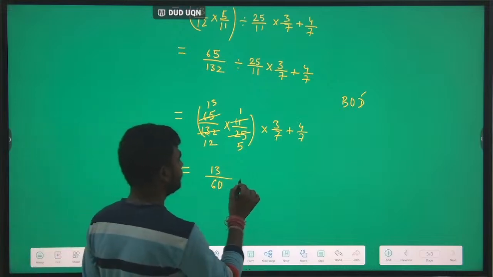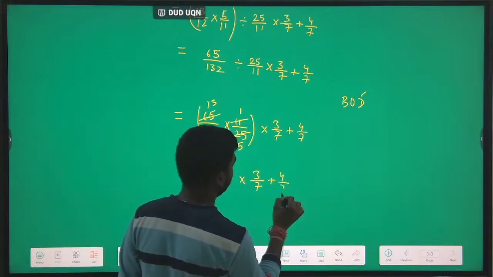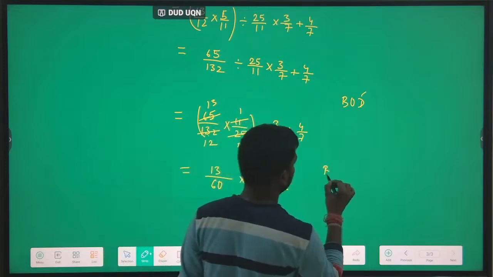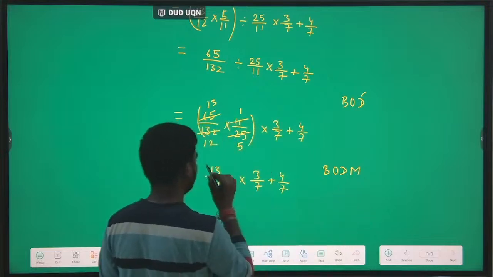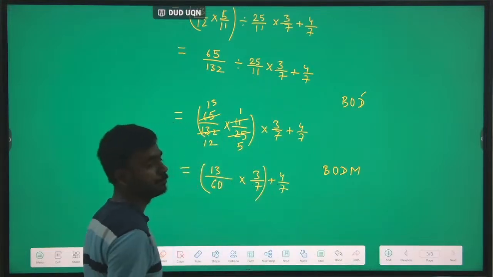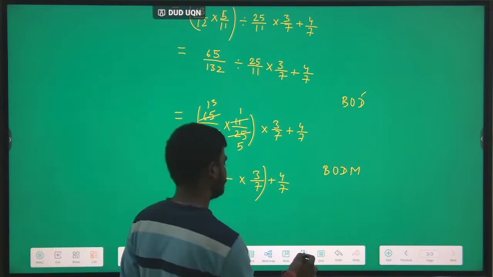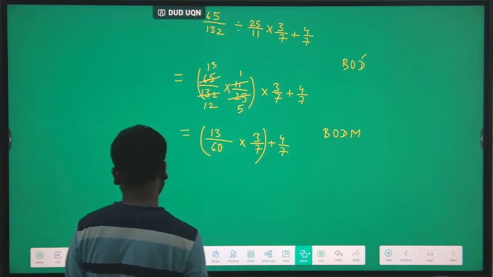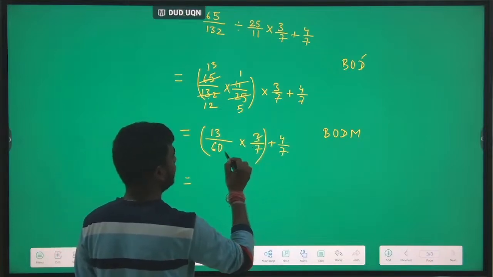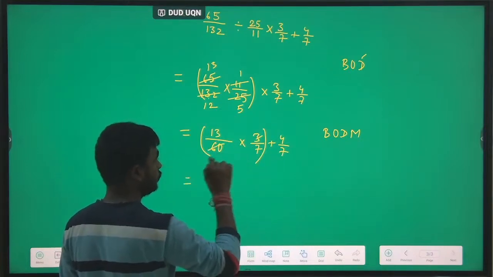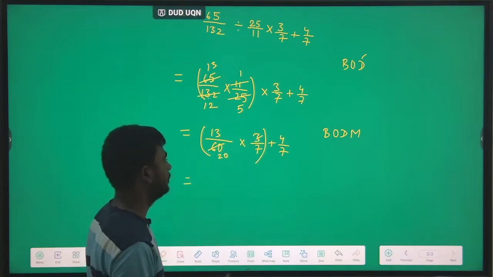Now it will be like this. In BODMAS, after division, we get multiplication, so we will solve the multiplication part. 3 and 60 can be divided, so it will be 20; 3 into 20 is 60.